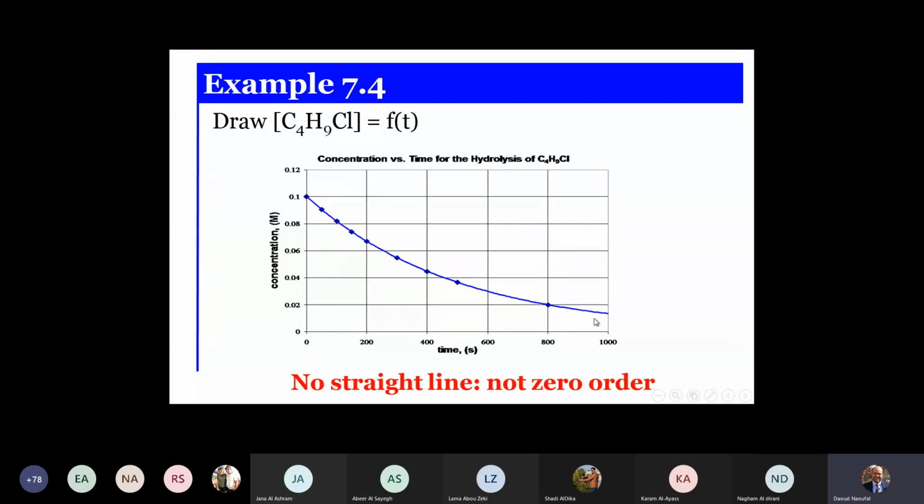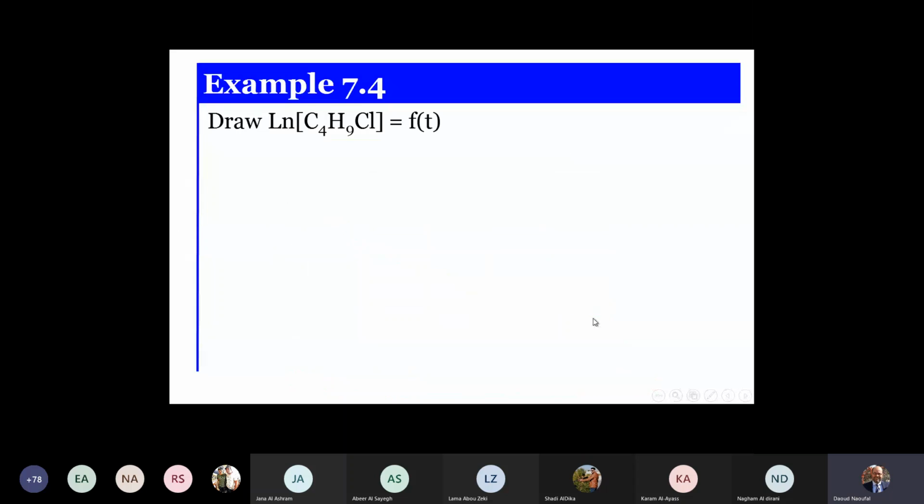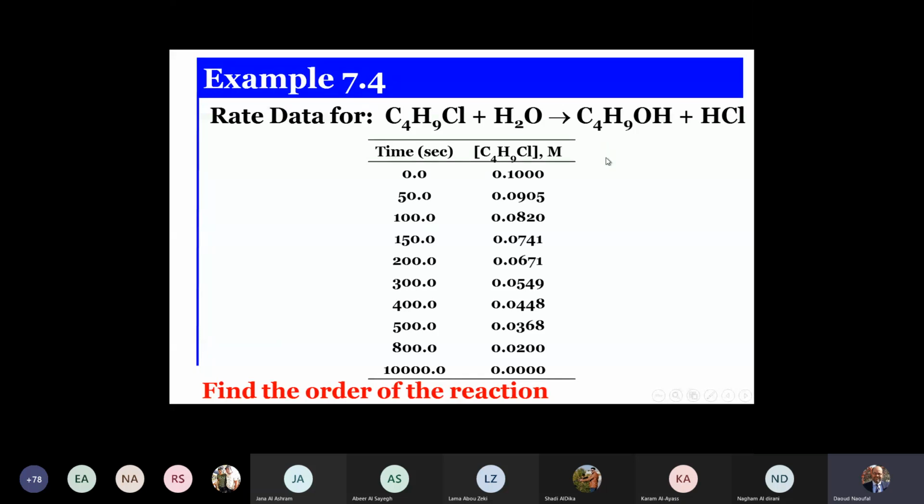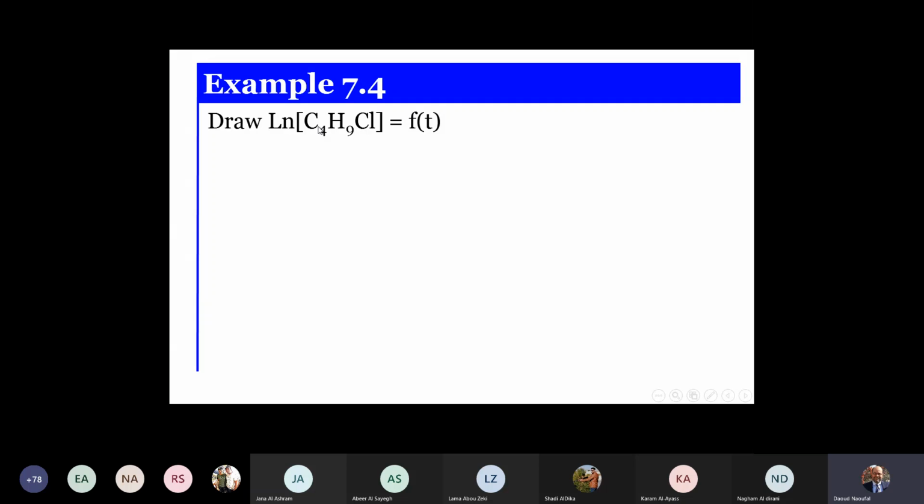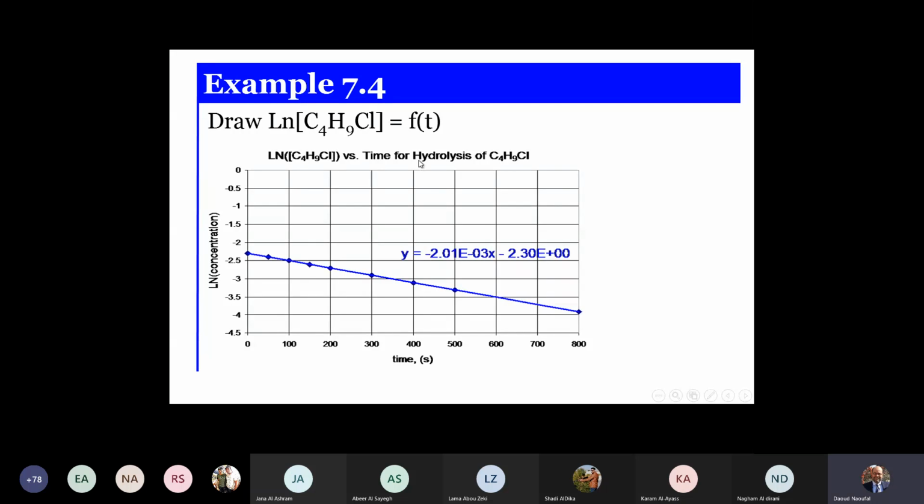Now I will pass to the second proposal. Suppose the reaction is of first order. I will transform the curve. I will add a column where I transform C4H9Cl to ln C4H9Cl, and now I will draw ln of the concentration of C4H9Cl as a function of time. I obtain exactly a straight line.